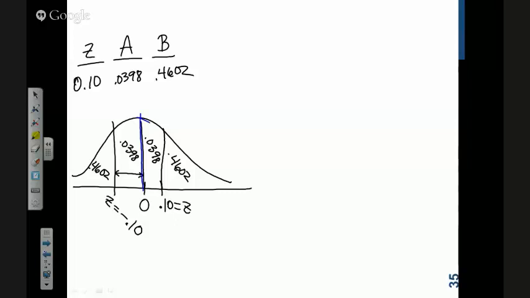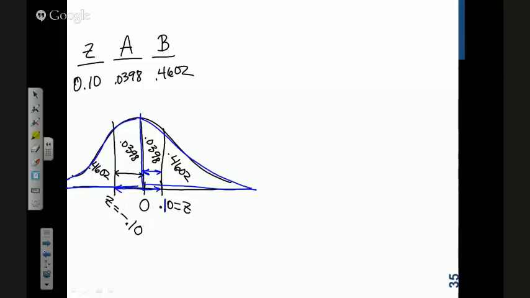Whatever happens on this side of the curve happens exactly the same on this side. So if we step over 0.1 in terms of z-scores, then the area here is going to be exactly the same as if we stepped back negative 0.1 on the left side.